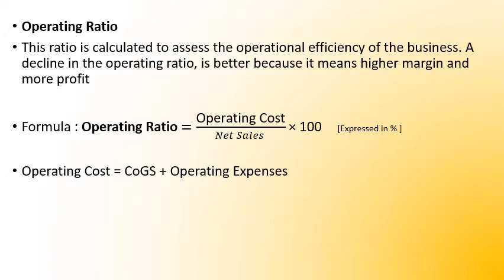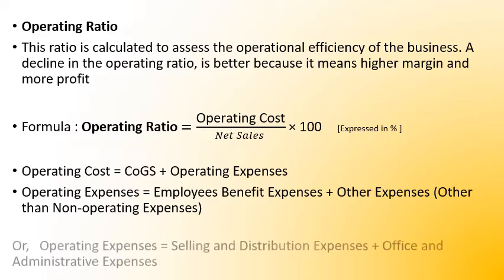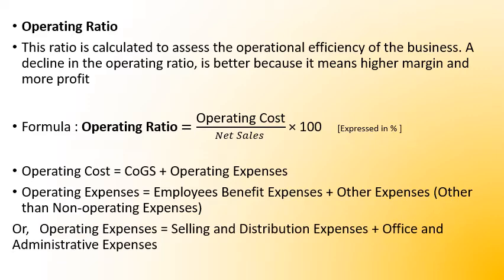Now operating cost is equal to COGS, that is cost of goods sold, plus operating expenses. Operating expenses means employee benefit expenses plus other expenses, other than non-operating expenses. Sometimes you will say operating expenses is equal to selling and distribution expenses plus office and administrative expenses. These are operating expenses. So operating ratio is equal to operating cost divided by net sales into 100.